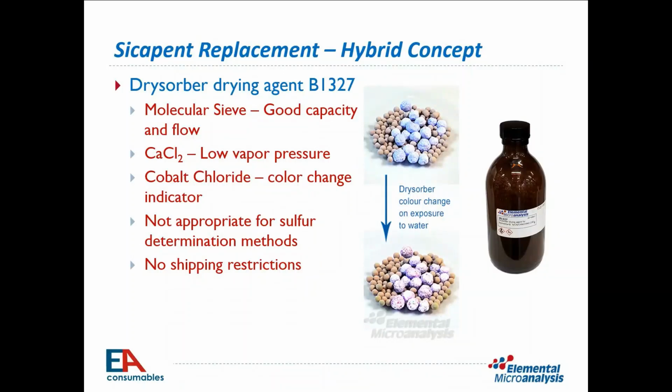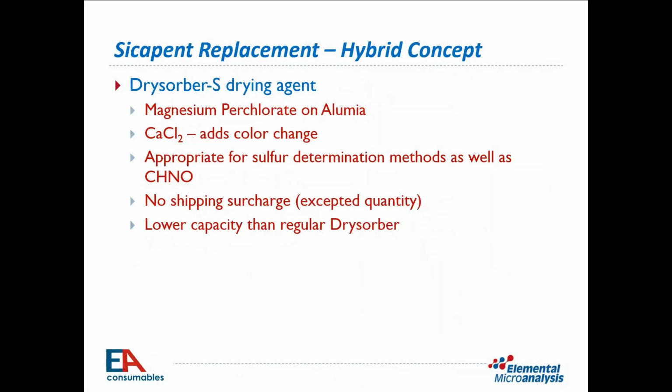However, we do have DryZorber S, another material that can be used with sulfur. It is basically a magnesium perchlorate on an alumina support. We add calcium chloride for the color change. This can be appropriate for carbon, nitrogen, and oxygen analysis, as well as hydrogen. Well, not hydrogen.